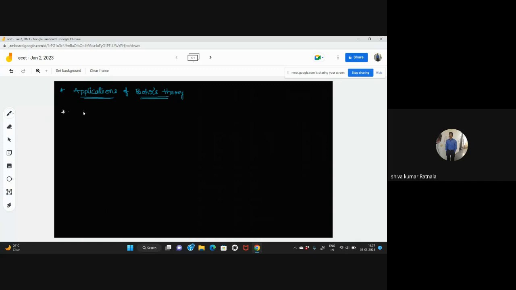The energy of the nth shell according to Bohr's theory is represented as En equal to minus 13.6 into Z square by n square electron volts.